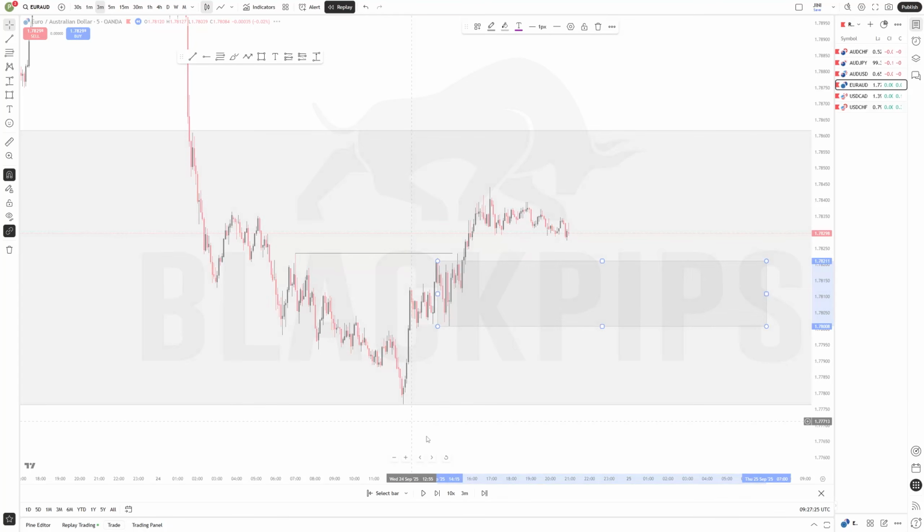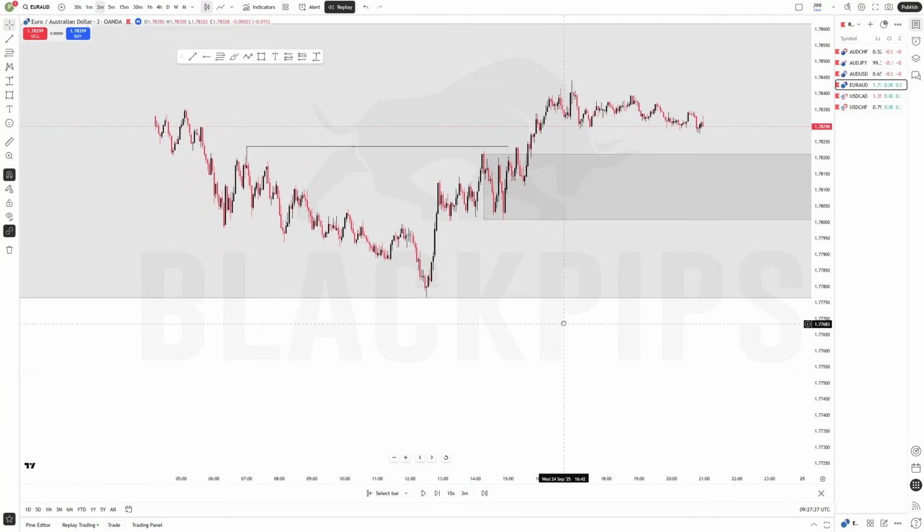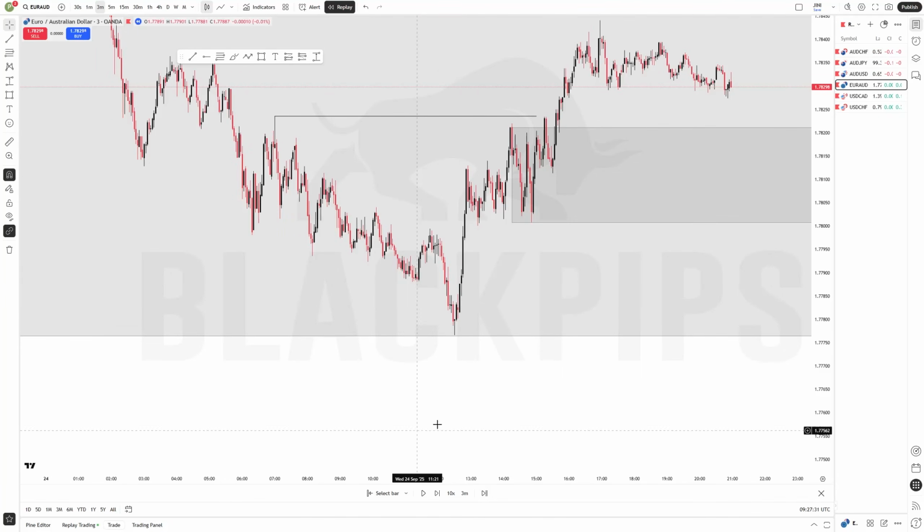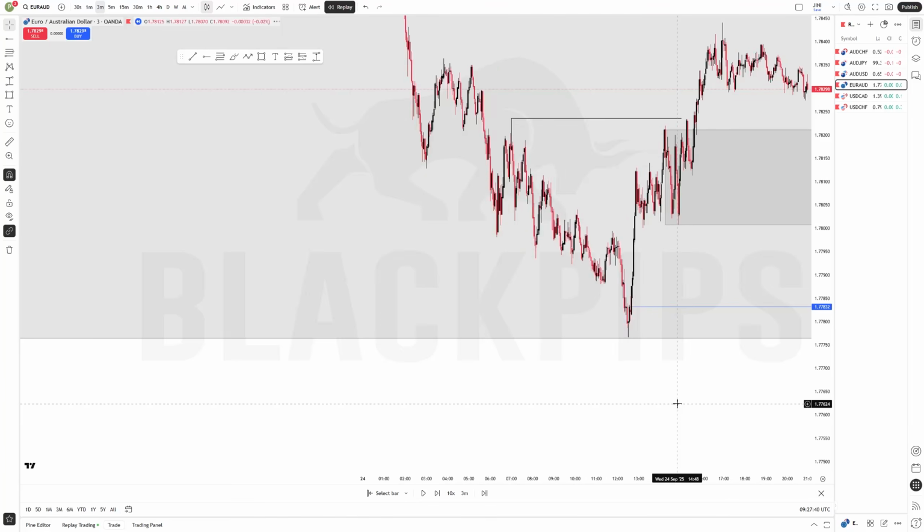And then we go back to the 3 minutes time frame, and what we can see here is that we were having this inside formation here, which was not yet taken.